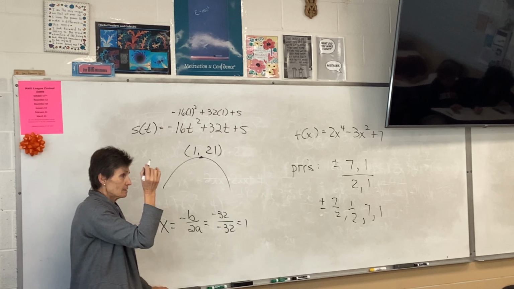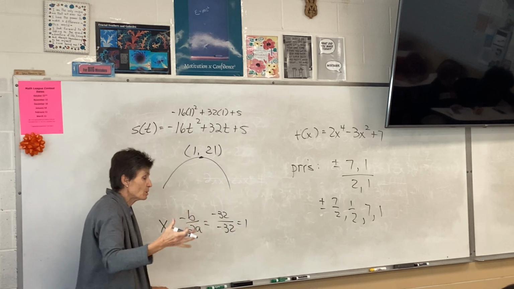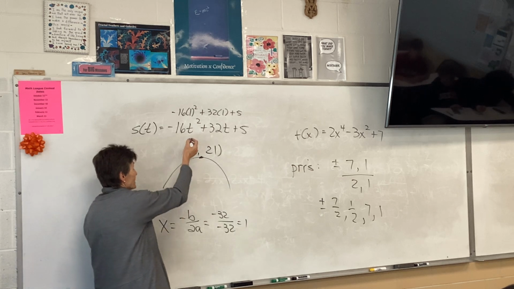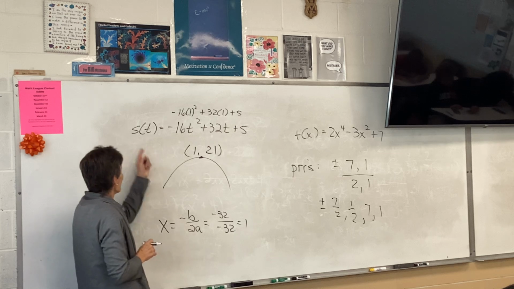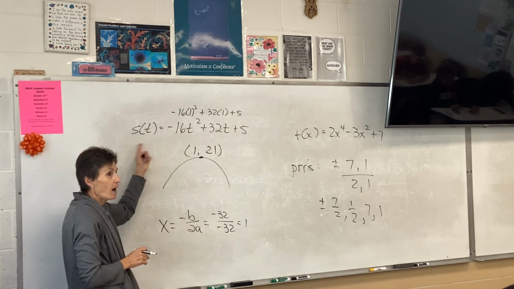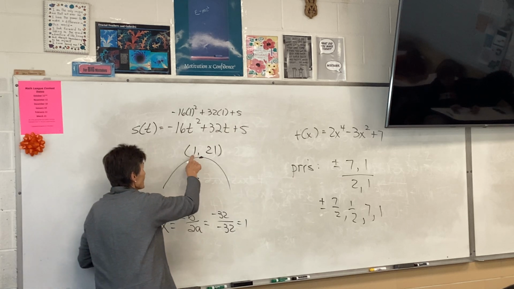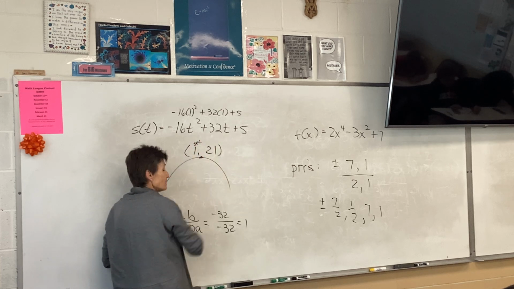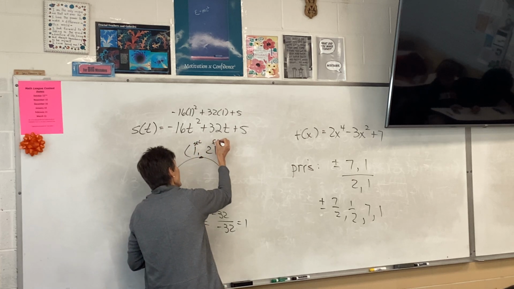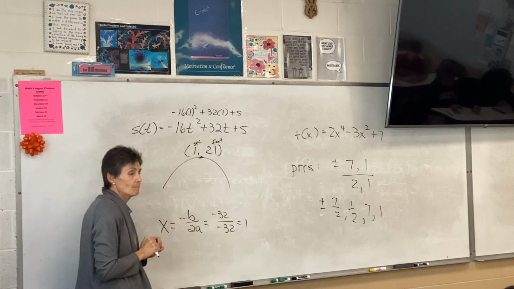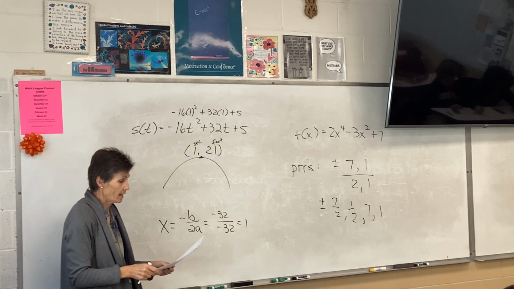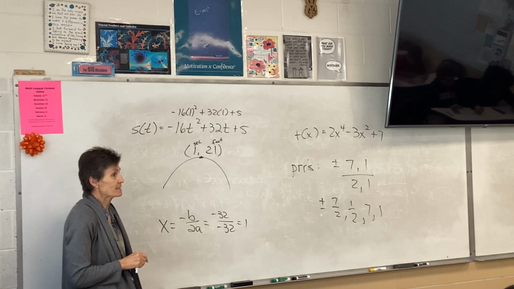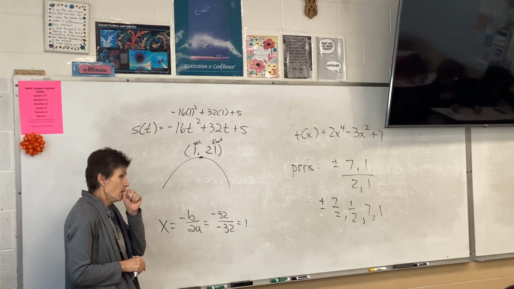In this projectile motion formula, which we've used before, the t's obviously stand for time, and this stands for height. How high is the ball? So that is 1 second, and that is 21 feet. Whenever we are using this formula, time is in seconds and height is in feet.